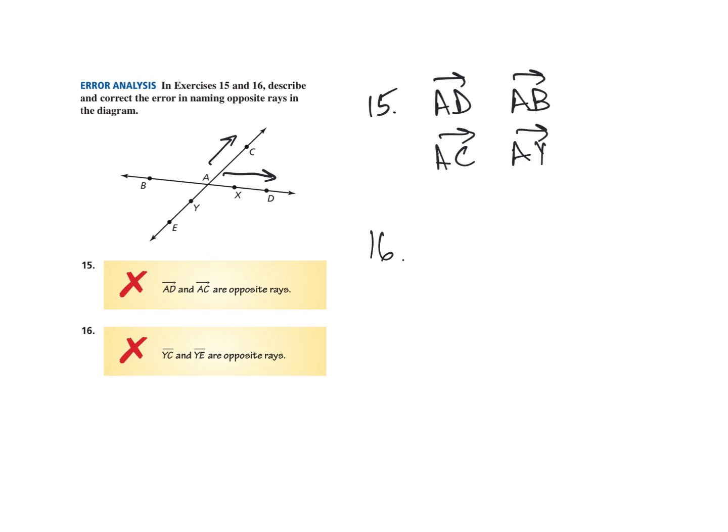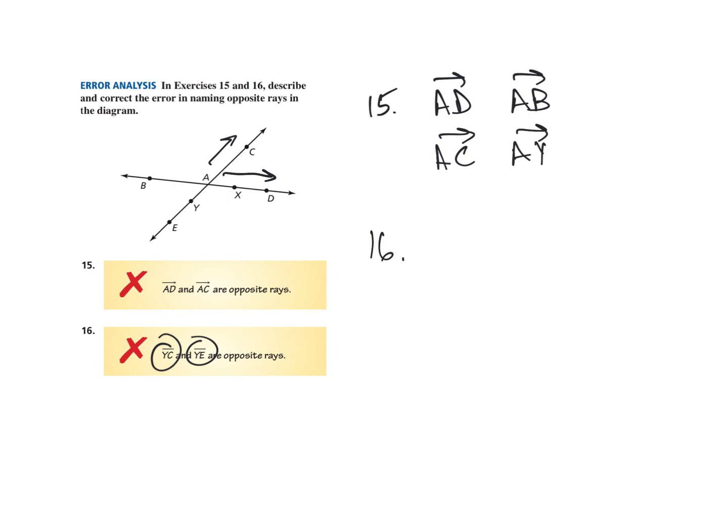Number 16, YC and YE are opposite rays. Those would be opposite rays, except notice they use segment bars. So that's what they did wrong. You'll miss that if you use the wrong notation.